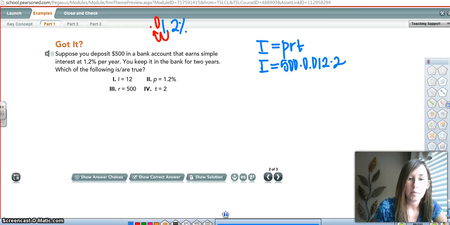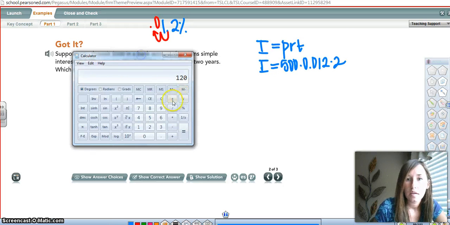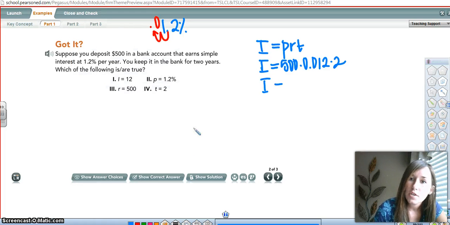Okay, if we multiply all this, 500 at 1.2% would be $6 for 1 year, but we're doing 2 years, so we times that by 2, and the interest is $12.